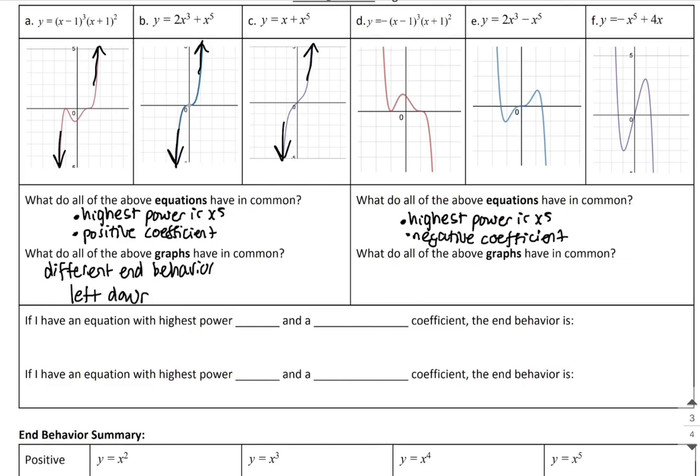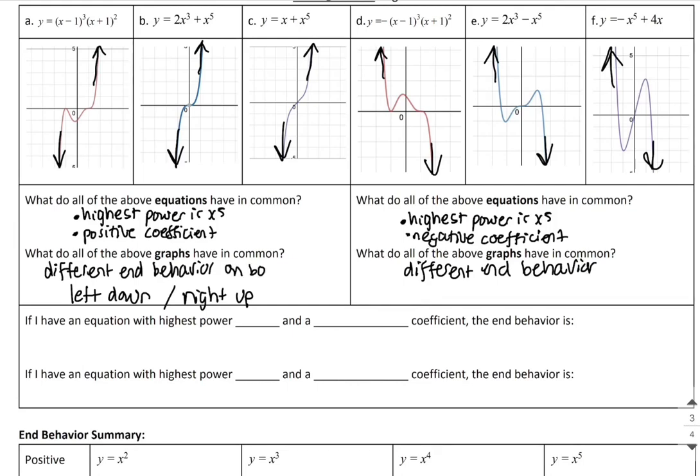For D, E, and F, left up, right down. So different end behavior on both sides.